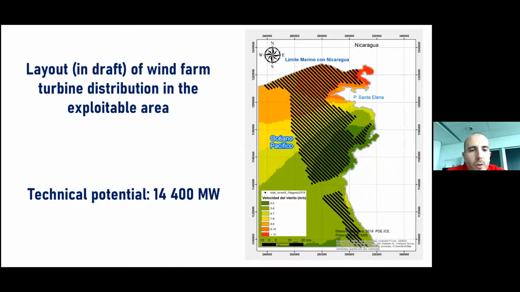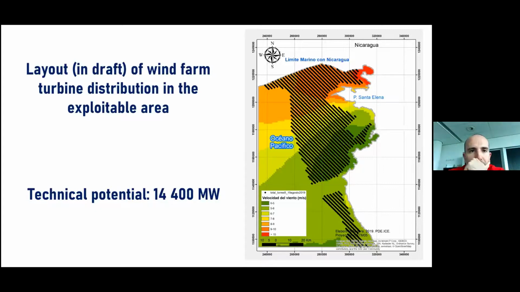This is a layout. I'm not an expert, but this is a layout on a draft of the offshore wind turbine distribution in the exploitable area. You can see that we are advanced now. We are drawing, modeling, and simulating what the layout of the offshore wind farm will be in the place.